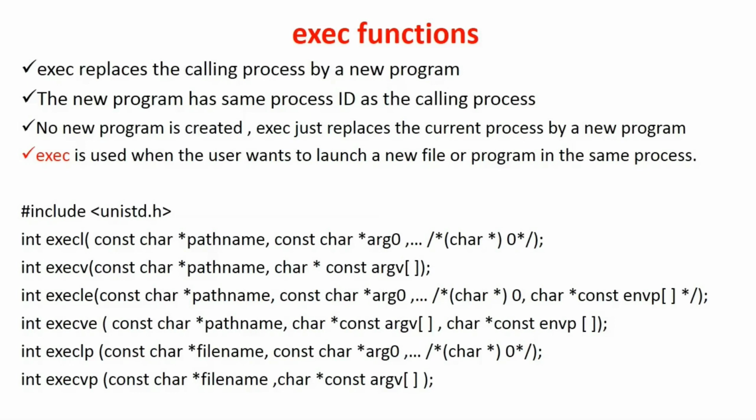The exec function is used when the user wants to launch a new file or program in the same process. In the same program, if a user wants to run a new program, they can use any one of the exec functions.